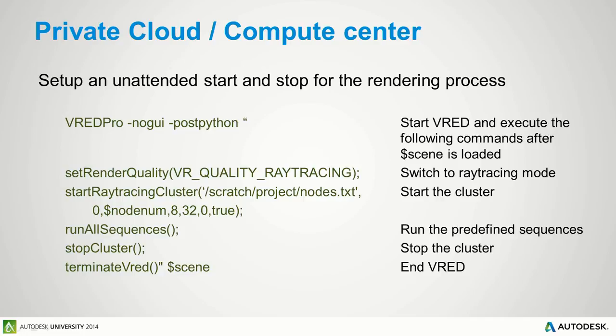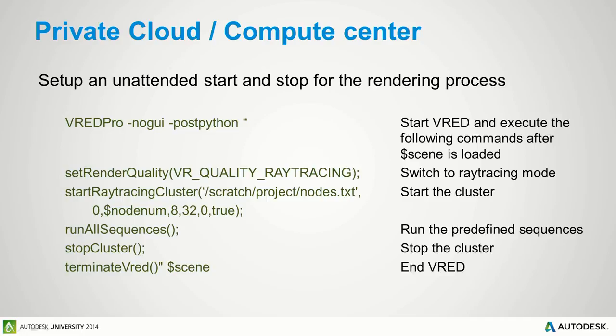And the scheduling system takes care of these nodes.txt. When the scheduler sees 40 machines are available, it writes the names of all those machines in the nodes.txt file so that VRED knows which nodes it can use and which nodes are available.